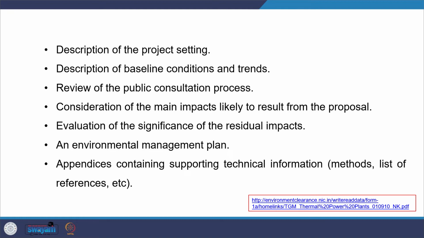And then how you are taking care of the main impacts, so all that should come very clearly, and then how you are evaluating the significance of all kinds of impact, what the residual impacts are, and how you are designing the practical best environmental options you're coming up with. And then you would also be giving the environmental management plan like you saw in the notification, and how all the technical information is laid out.